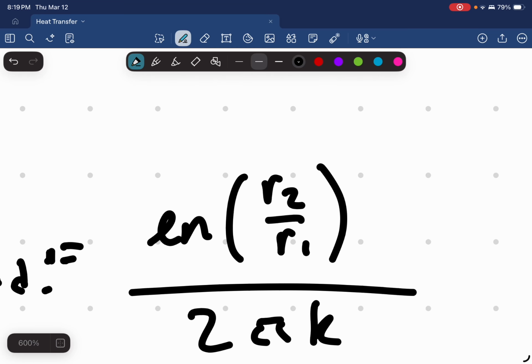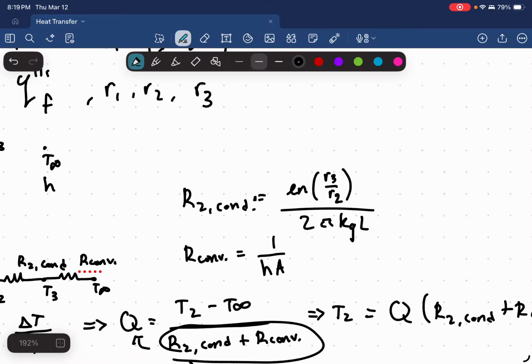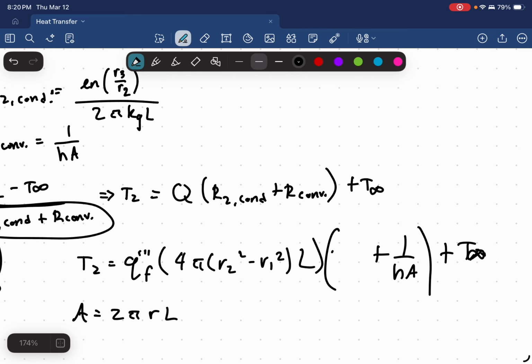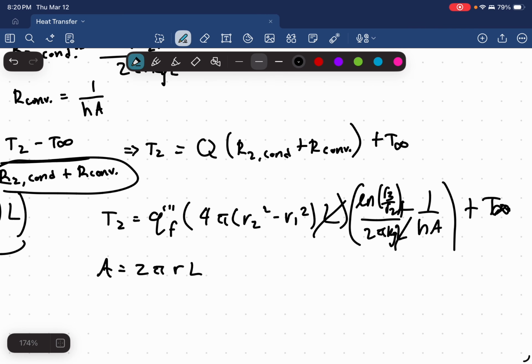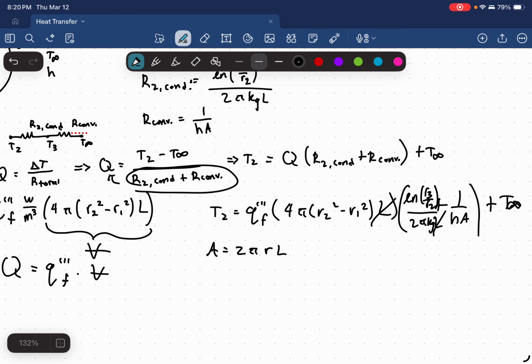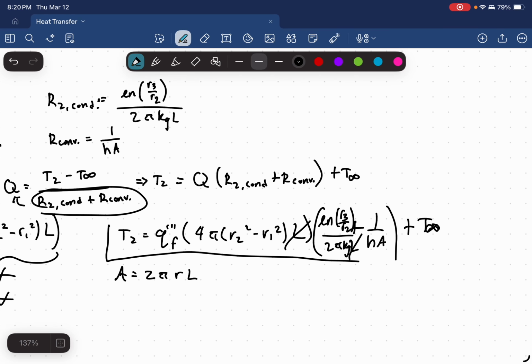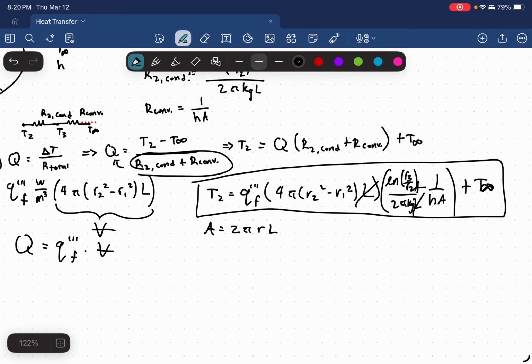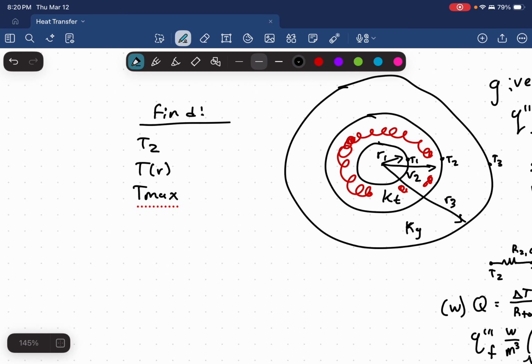No, this would be R3 over R2, and this would be KGL there. And then when you put this in, the L's will cancel. They'll all cancel. Okay, so this would be the first portion of your problem. So that finds temperature 2.